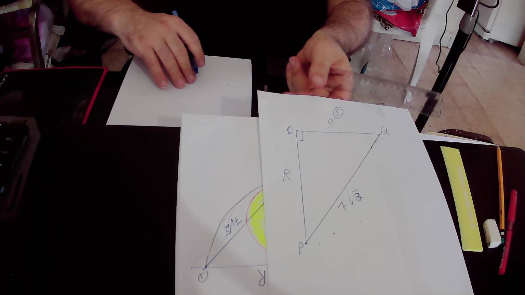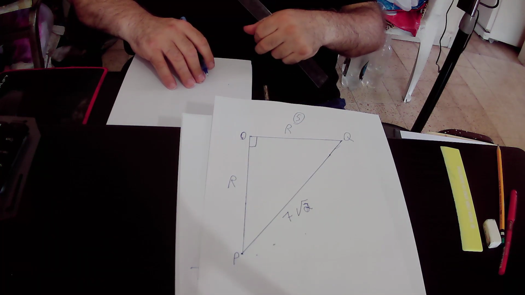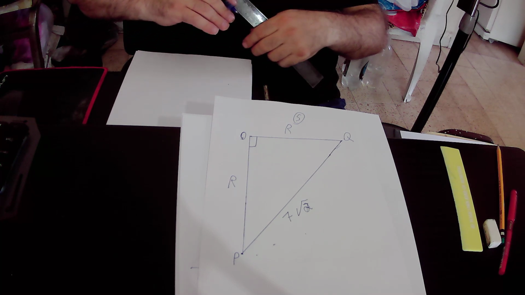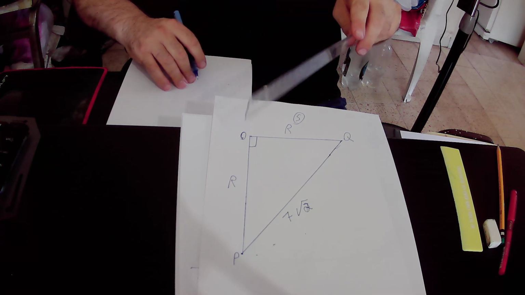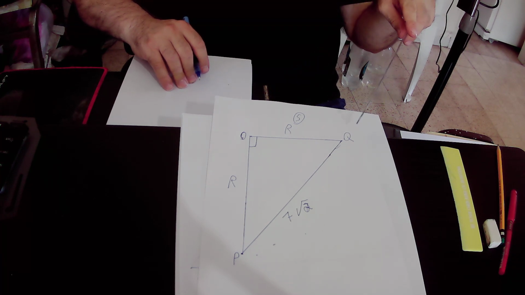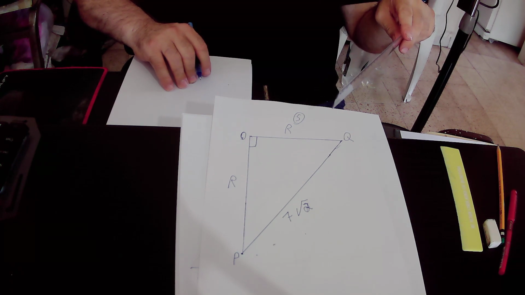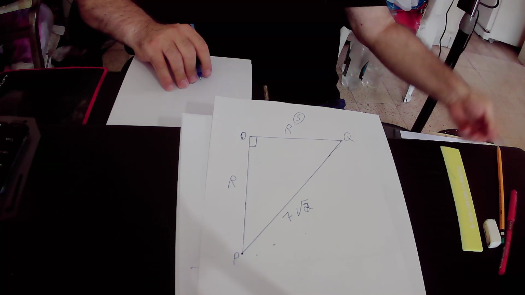So this is our right triangle POQ. Side PO equals capital R, side OQ of the right triangle equals capital R, and the size of the hypotenuse, that is to say the size of PQ, equals 7 times root 2.